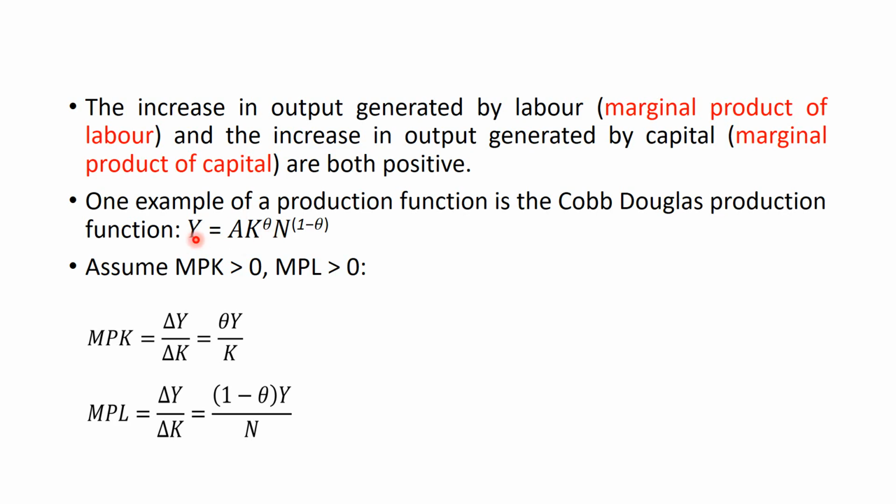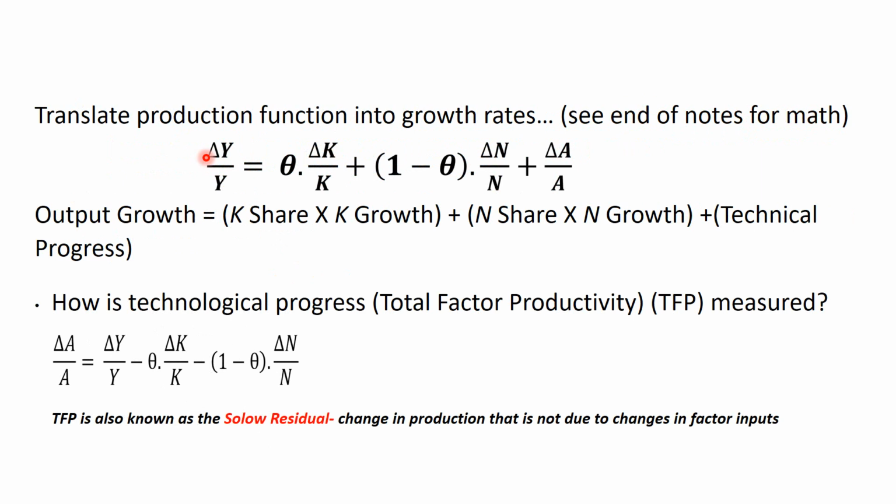It's aggregate output and total technology, total capital stock, and total population size. Whereas here, this is then a growth accounting equation, because we're no longer dealing with levels or totals, we're dealing with growth rates. Change in Y over Y is the output growth rate.